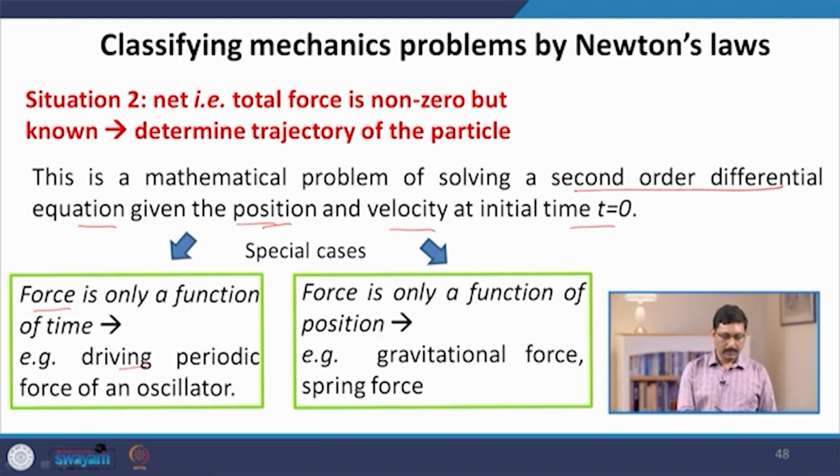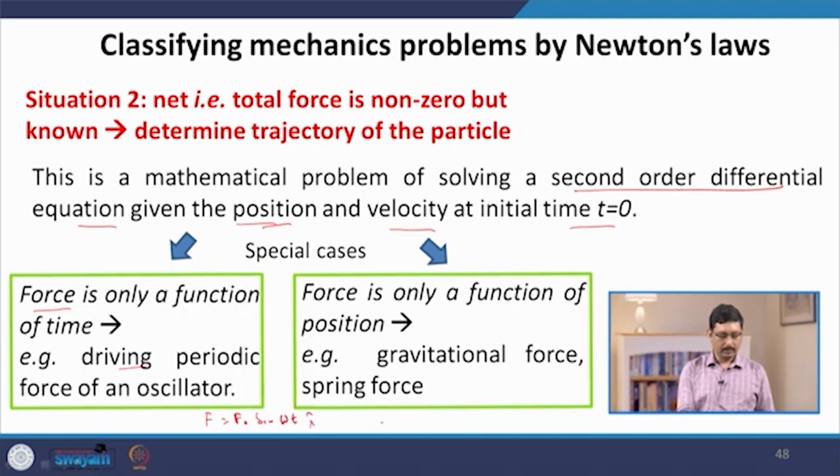Suppose this oscillator is driven by a periodic force, which can be an AC signal or a mechanical driving force. Usually this force can be represented as some f naught sin omega t, where omega is the frequency of the force, in some direction.